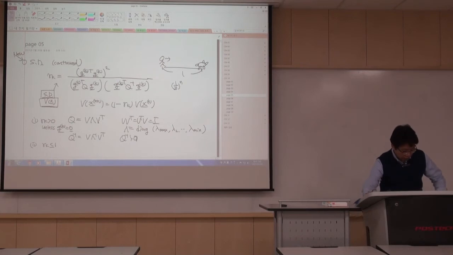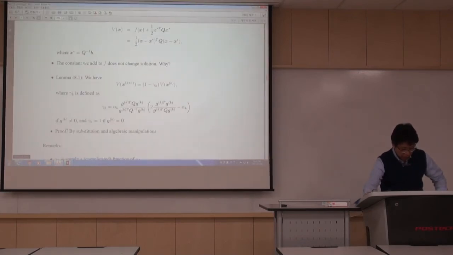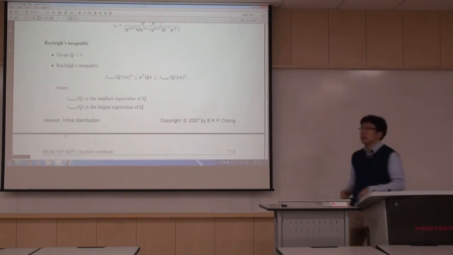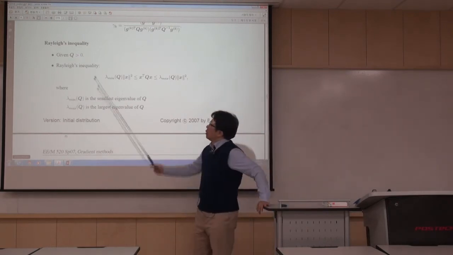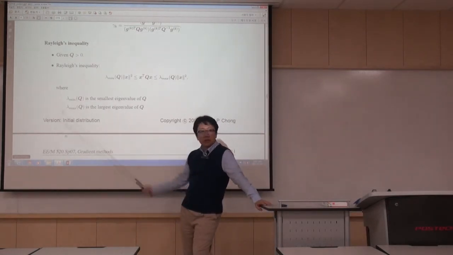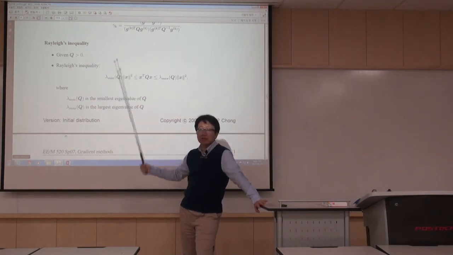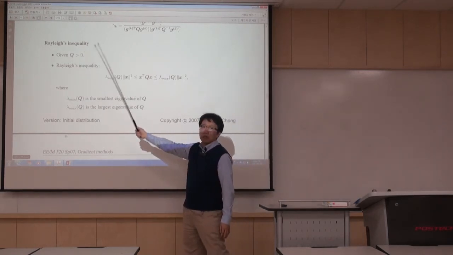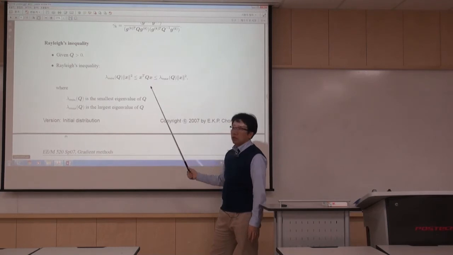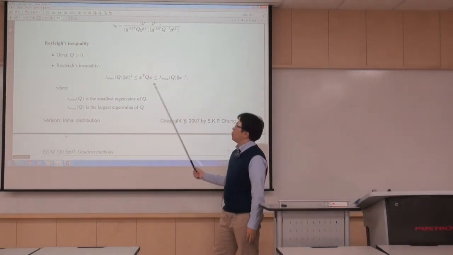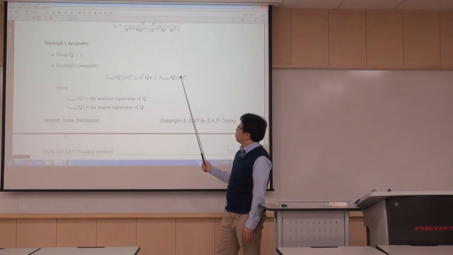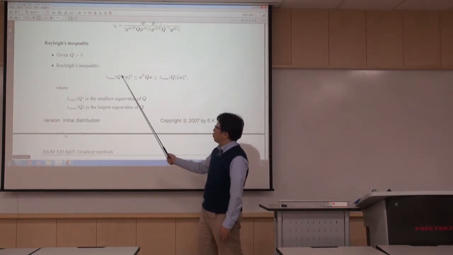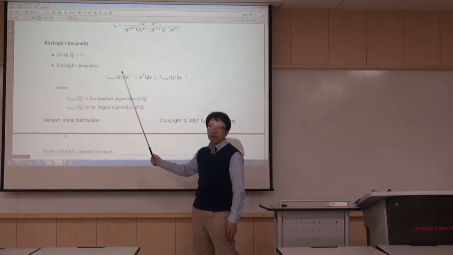If you take a look at our lecture note, see that? There it is. Here, the authors remind you of the Rayleigh inequality. This appeared already once, right? And this is very important in the sense that given a positive definite symmetric matrix Q, any quadratic form is bounded by the norm square of this vector x times the maximum eigenvalue and the norm square of the vector times the minimum eigenvalue.